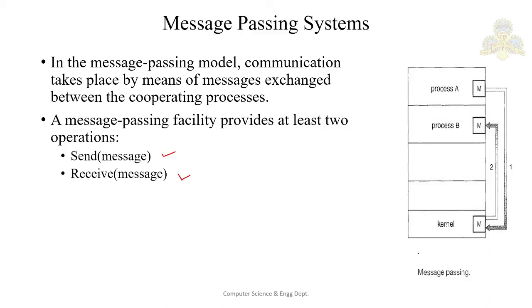As you can see in the diagram for message passing systems, if process A wants to communicate with process B, then process A has to send the message to the kernel, and the message is then sent to process B via the kernel. So this is about message passing systems.